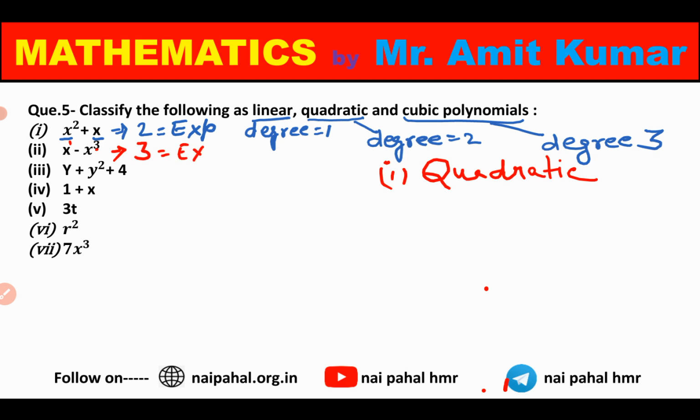If 3 is the exponent, then the second part is a cubic polynomial. In the next question, where we have power 1, power 2 and power 0, the highest exponent will be 2. If the exponent is 2, then it is quadratic.